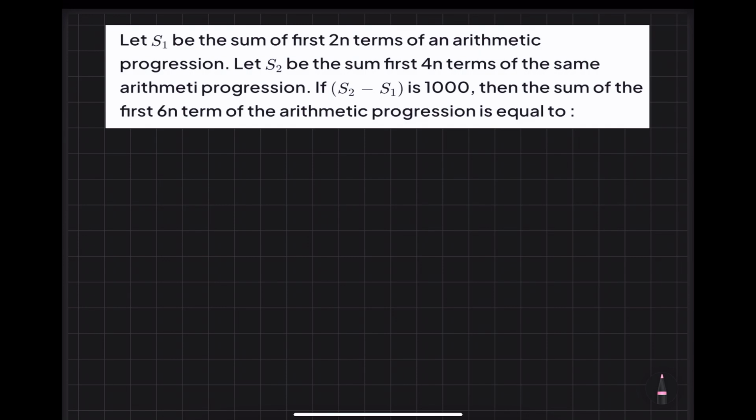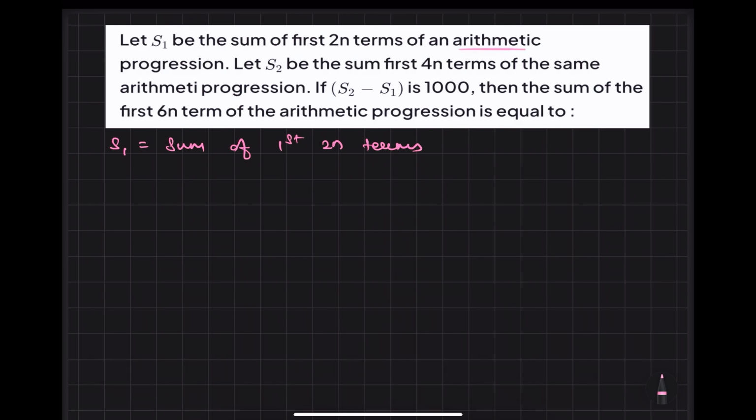So, we got a wholesome new problem which says: let S1 be the sum of the first 2n terms of an arithmetic progression. So, first try to note down these things. What is S1? It is the sum of the first 2n terms, and it can be of any AP.